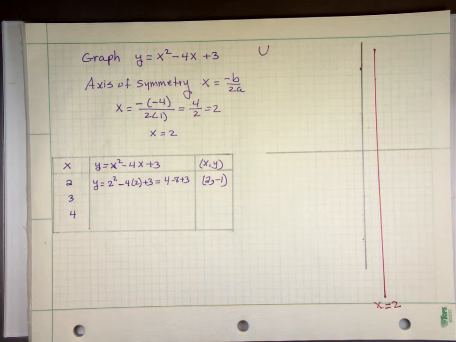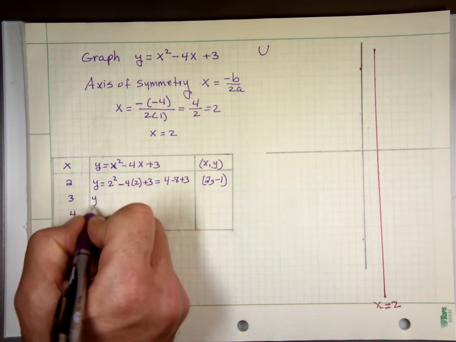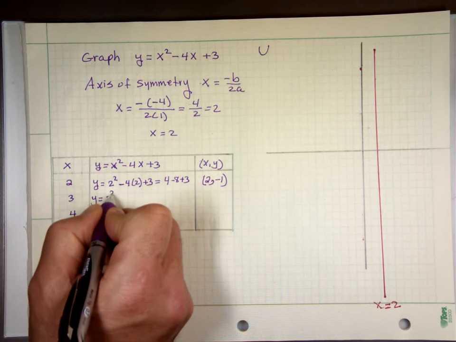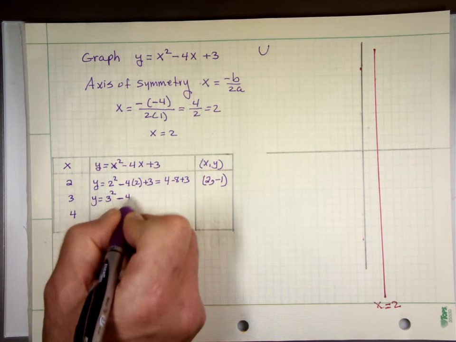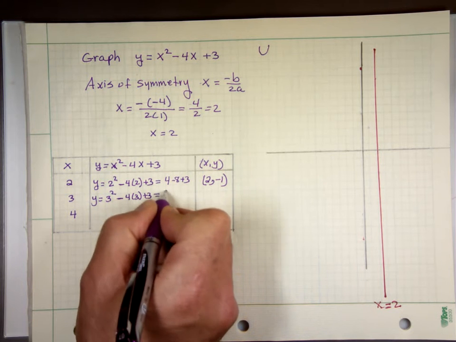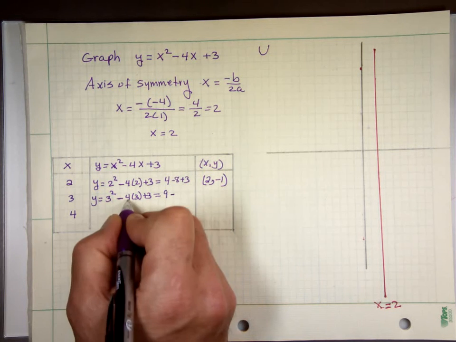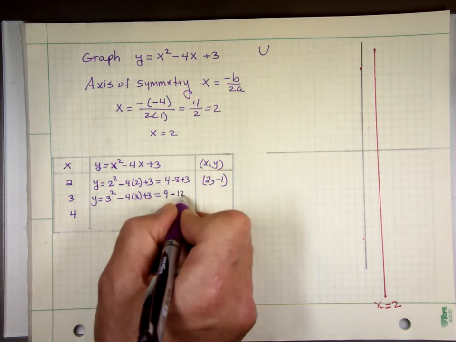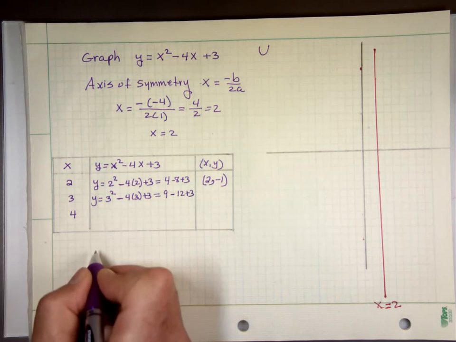When x is 3, y is going to be 3 squared minus 4 times 3 plus 3. 9 minus 12 plus 3. That's a 0.